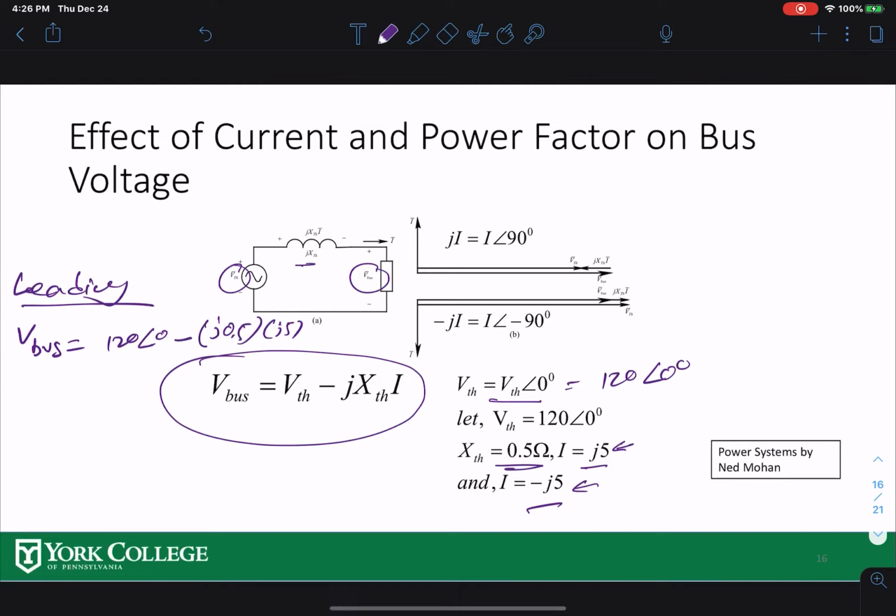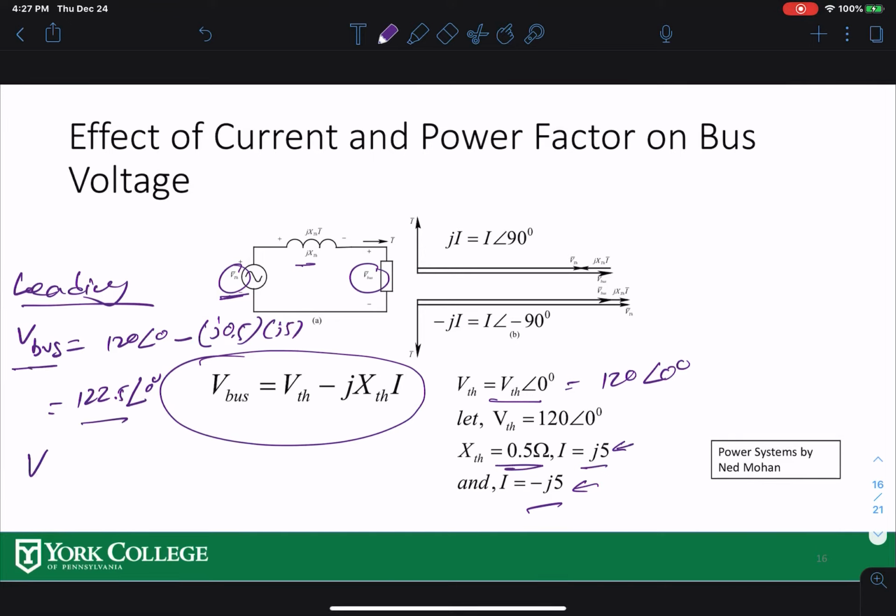If I do the math, it will come down to 122.5 at 0 degrees. That is for the leading case. For leading, you can see that your bus voltage is higher than the Thevenin voltage, which is acting as a source. So with a leading current or a capacitive load, your bus voltage is higher than your supply voltage.